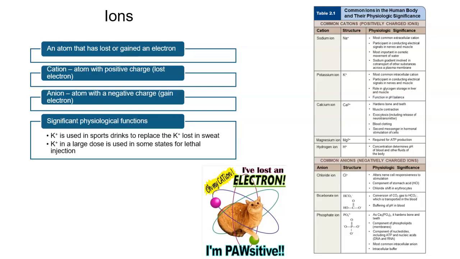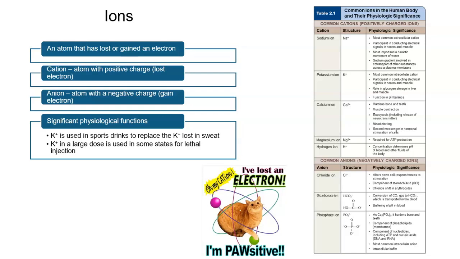So the concentration of potassium has a homeostatic balance. Now, we lose a lot of potassium when we're sweating. So that's why we drink sports drinks that have potassium added to replace that potassium. So it helps us to be able to do the things that we need to do.